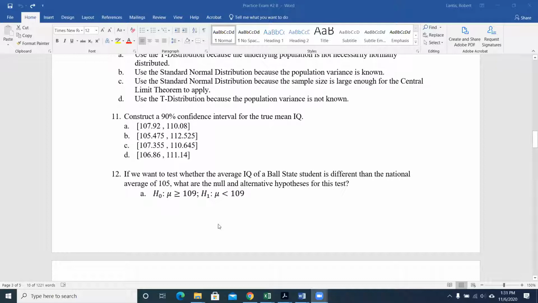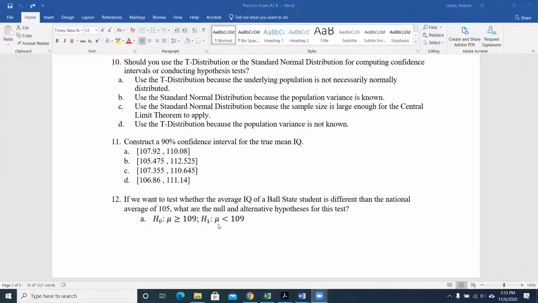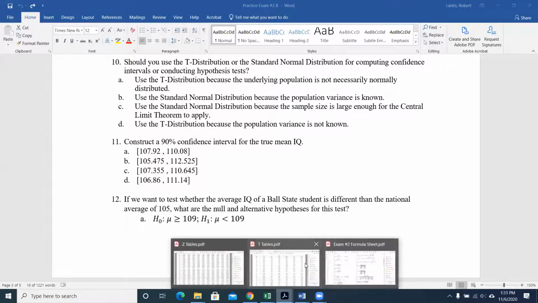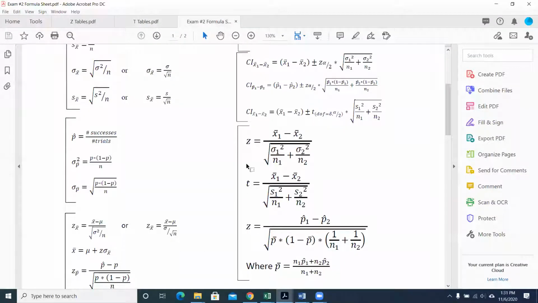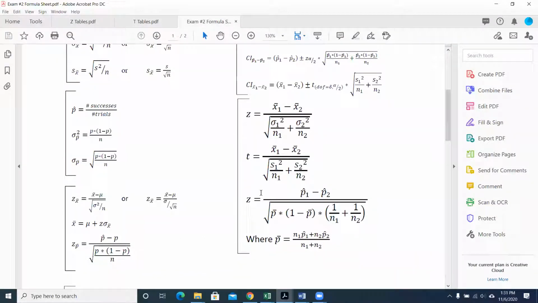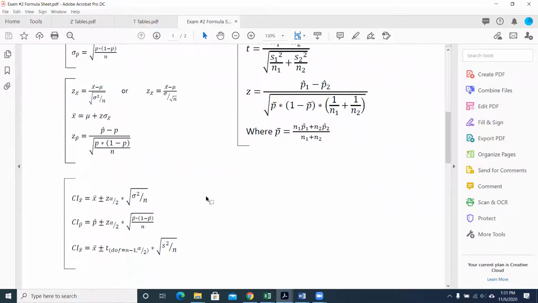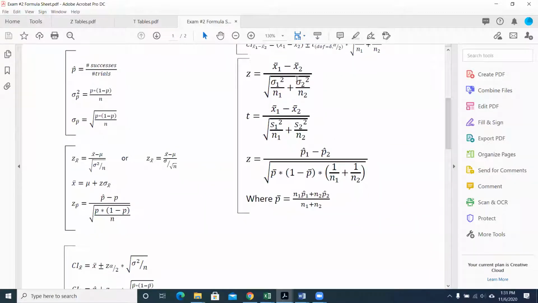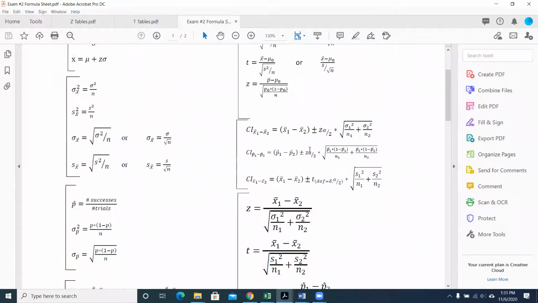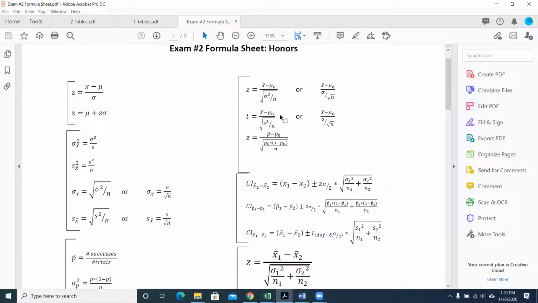Here we go. Calculating a test statistic. Yeah, so our test statistic equations, I pointed them out on the formula sheet here. We've got our two population test statistic equations, and then our one population ones. Can I give any advice on how to do these?